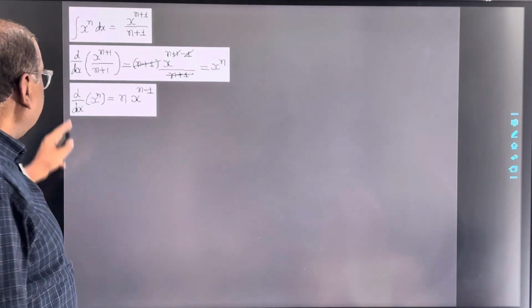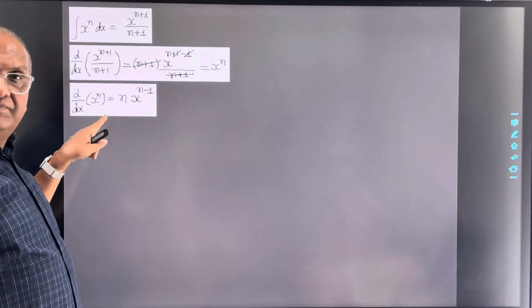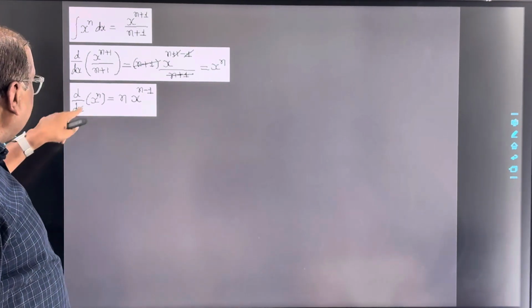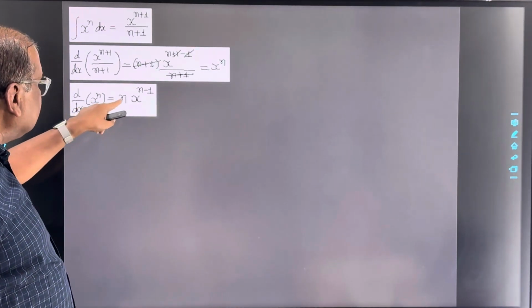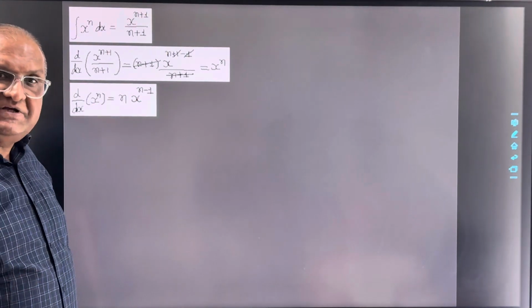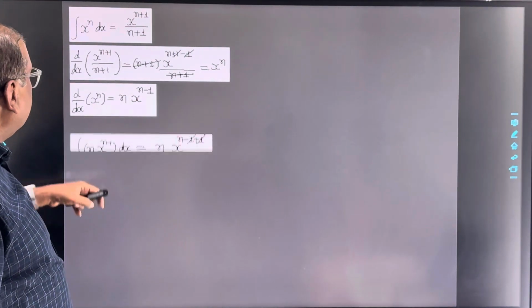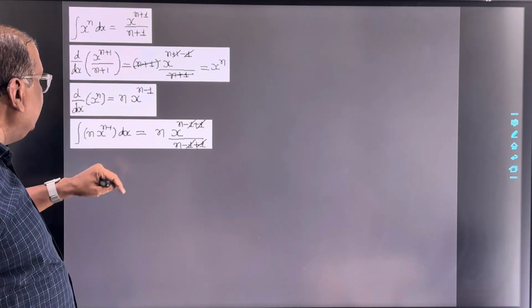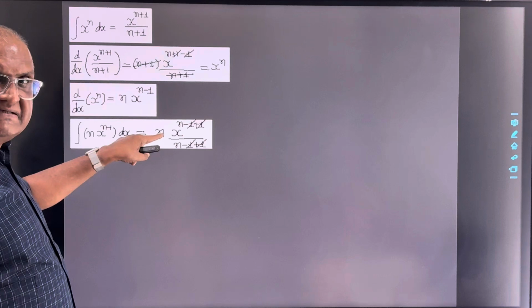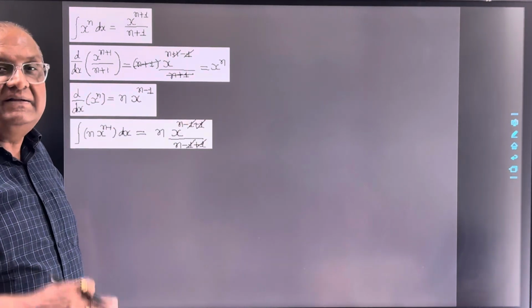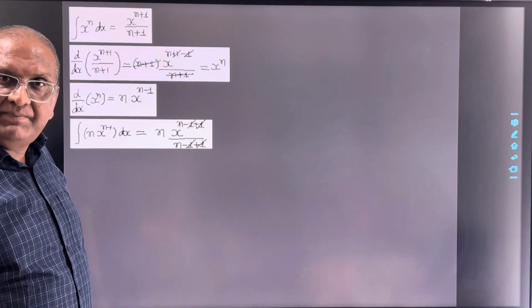Similarly, first if you carry out the differentiation of x raised to n, d by dx of x raised to n, your answer is nx raised to n minus 1. Now take integration of this one. Integration of nx raised to n minus 1 dx. n is constant, keep it as it is. Now the power will be increased by 1, and then divide the whole thing by the power.